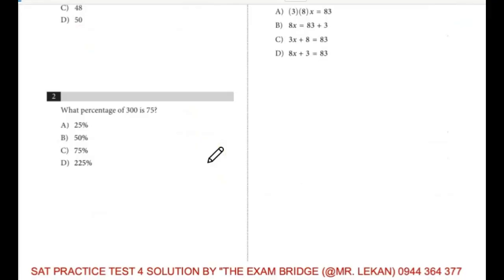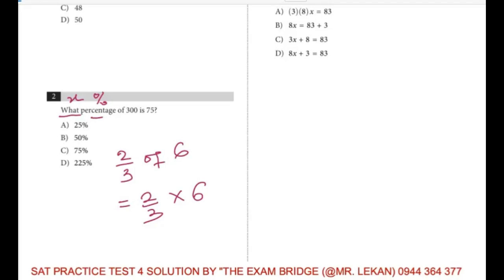Question number 2. What percentage of 300 is 75? Let's say X. We know that in mathematics, if they say 2 over 3 of 6, it means multiplication. 2 over 3 of 6 is equivalent to 2 over 3 multiplied by 6.